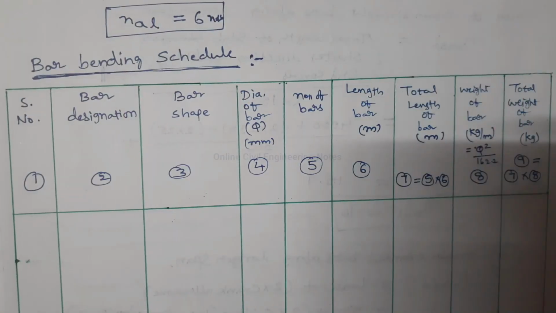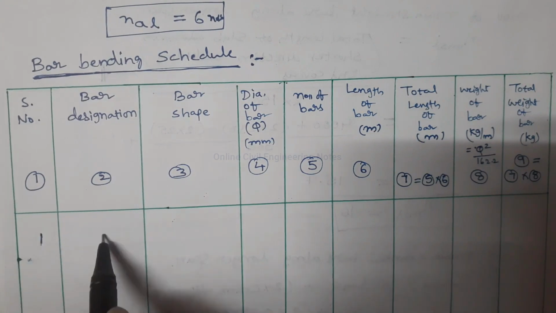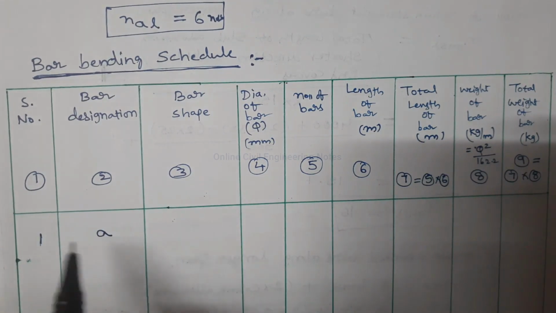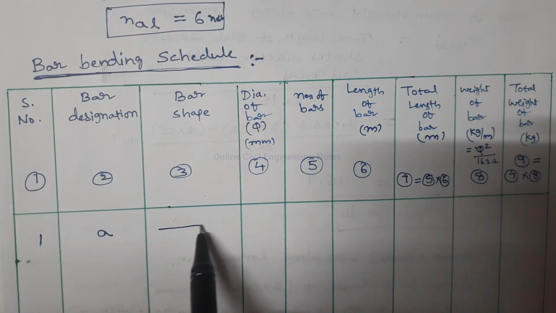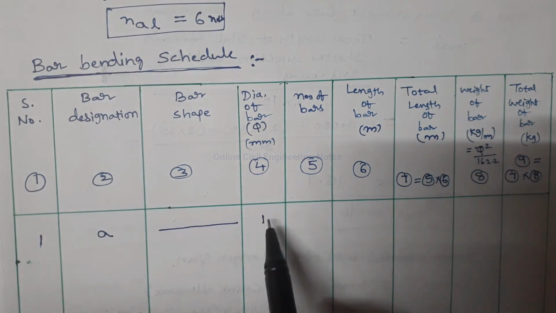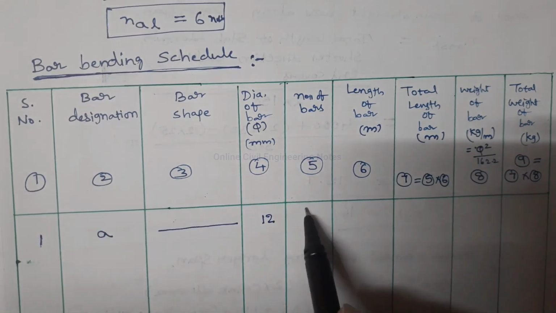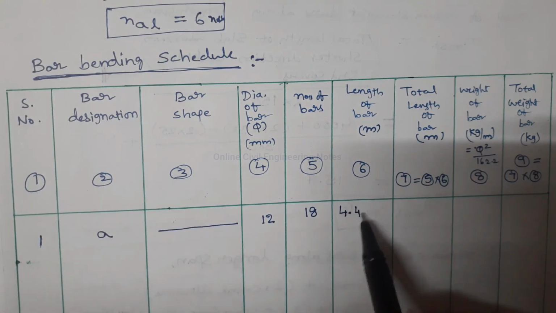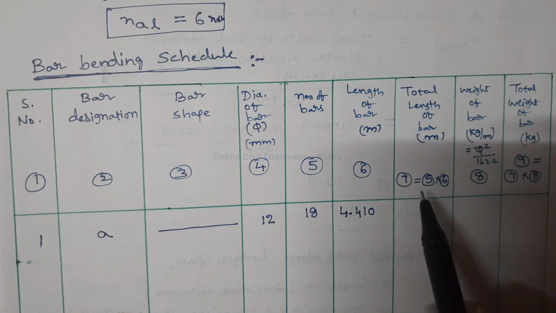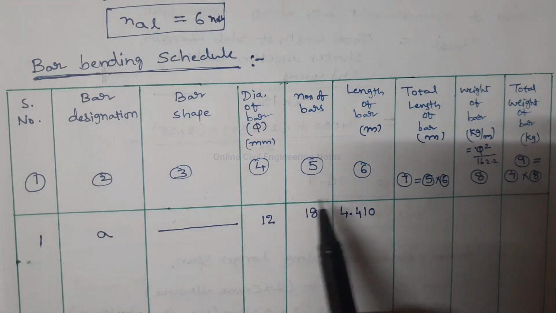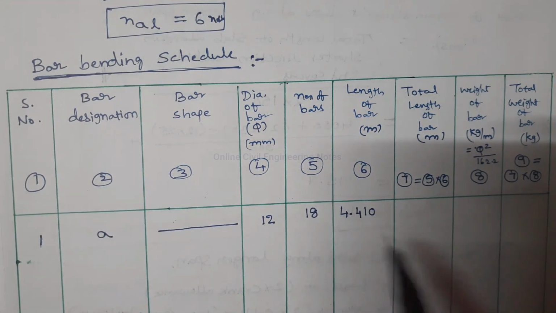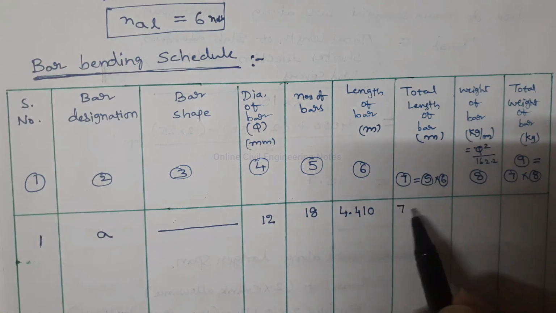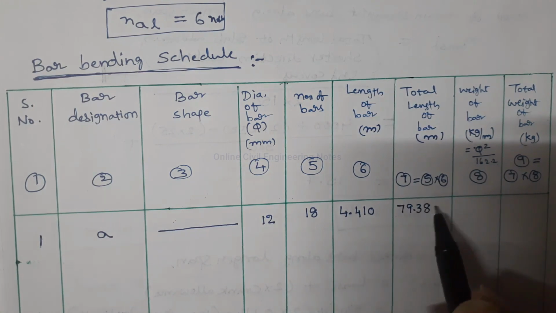Now prepare the bar bending schedule. So first bar is main straight bar in shorter span, which is A, which is a straight bar. Diameter is 12 mm. Number of bars are 18. Length of one bar is 4.410. Total length is equal to number of bars into length of bar, 18 into 4.41, 79.380.